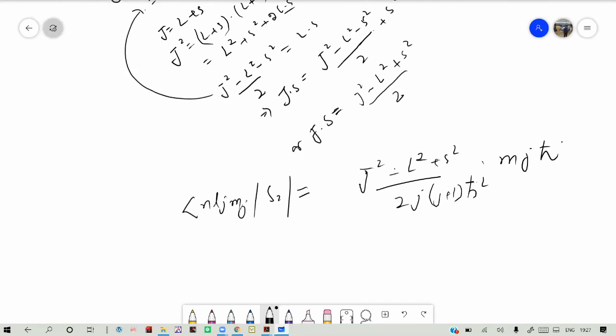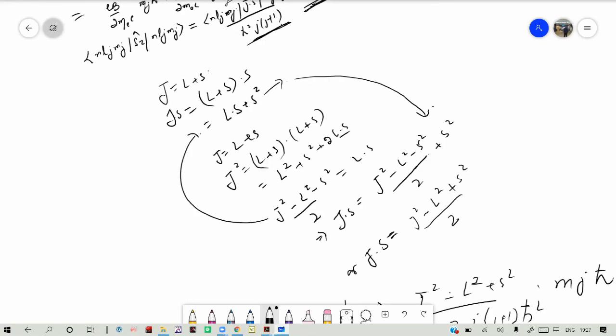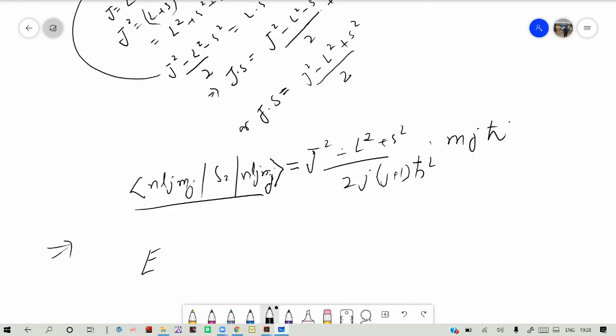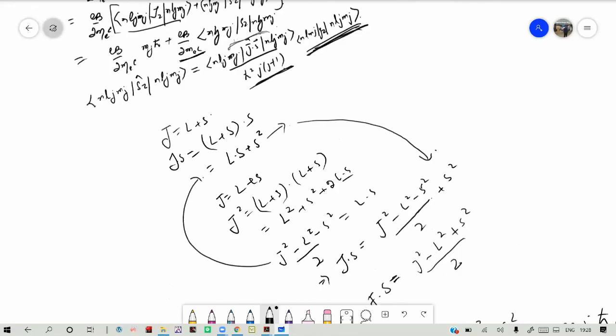Now use this value here. Sorry, this is incomplete here, so you can understand it. This is n l j m_j. So it gives us the H_Z1, the first order Zeeman correction. E_Z1 will be equal to e B divided by 2 m_e c, this term.